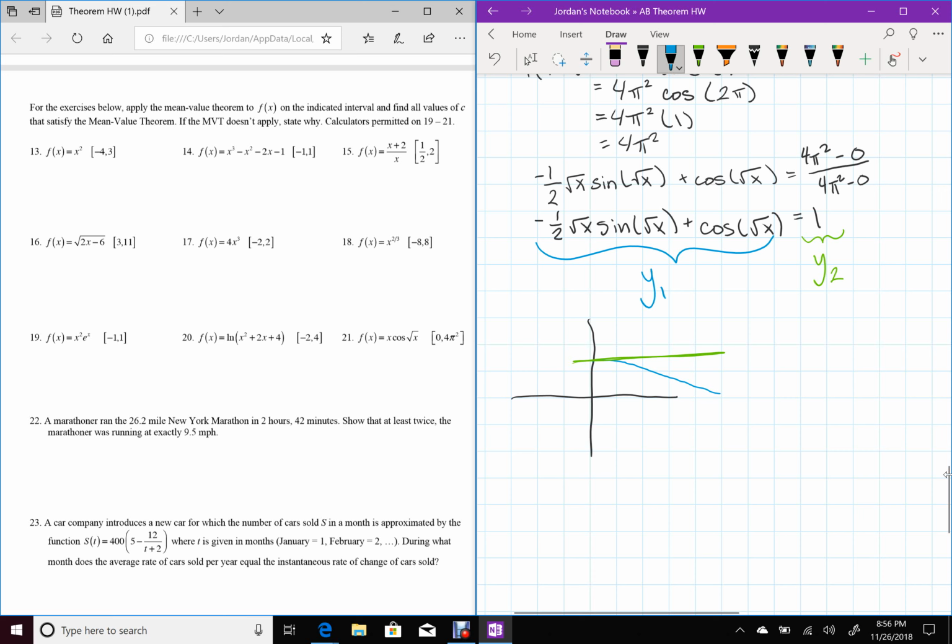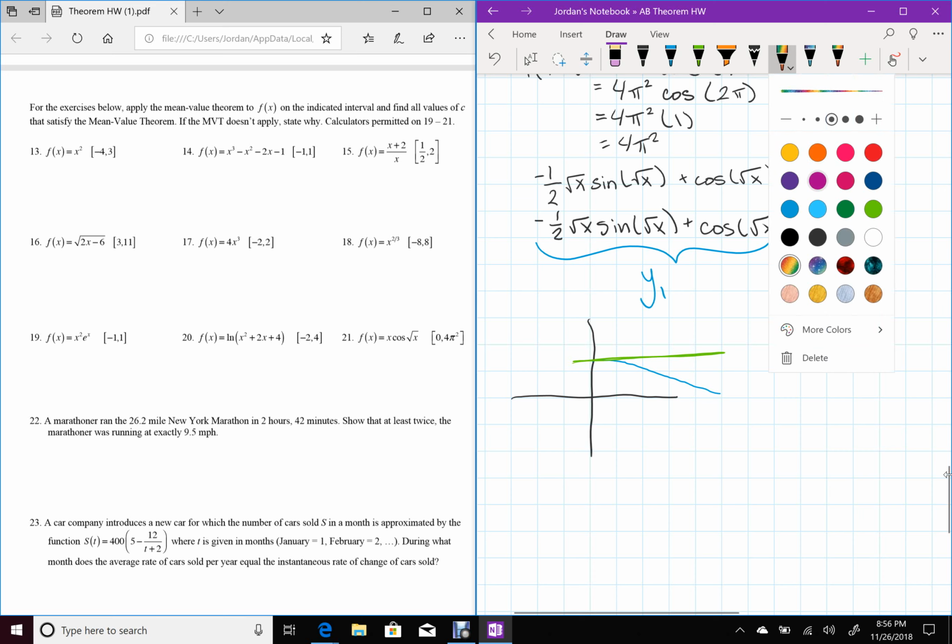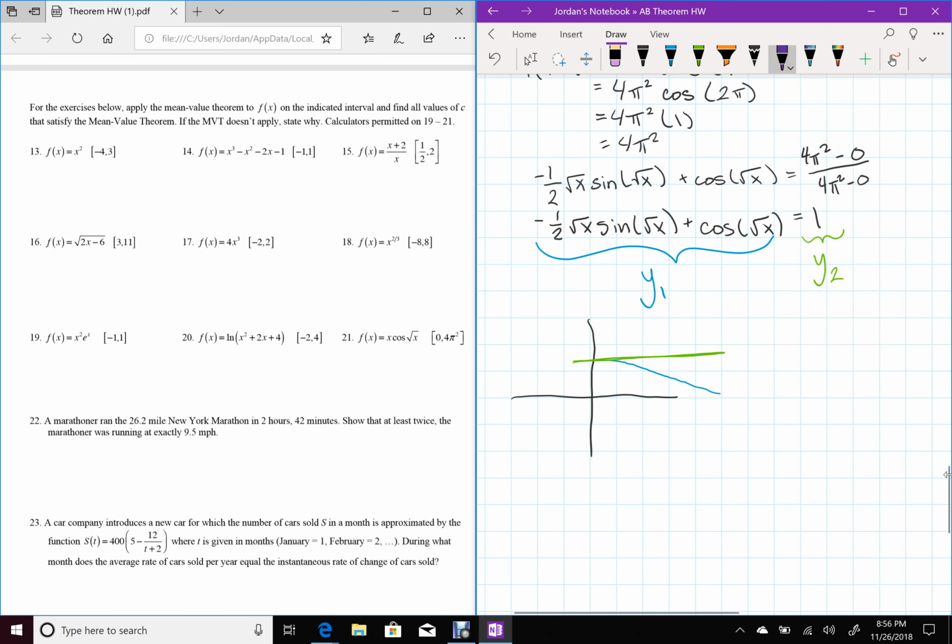So the calculator says the intersection of y1 and y2 is at x equals 0.